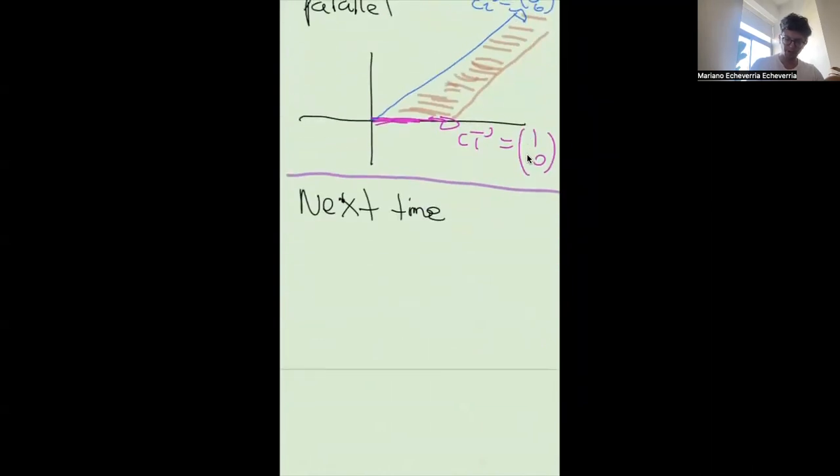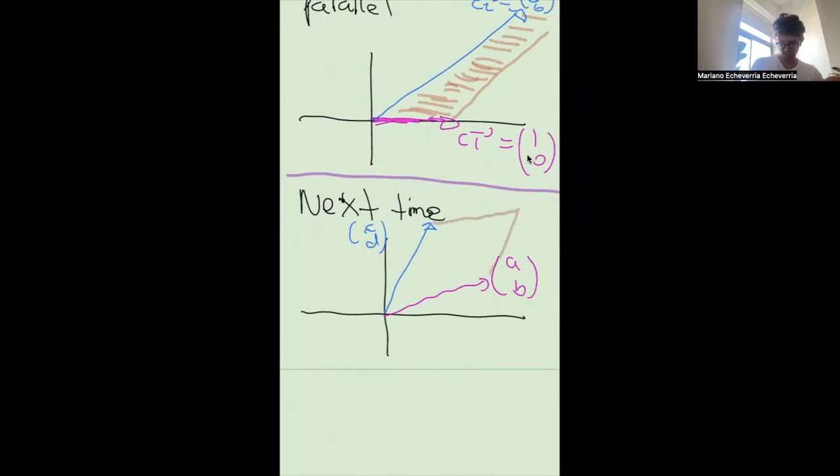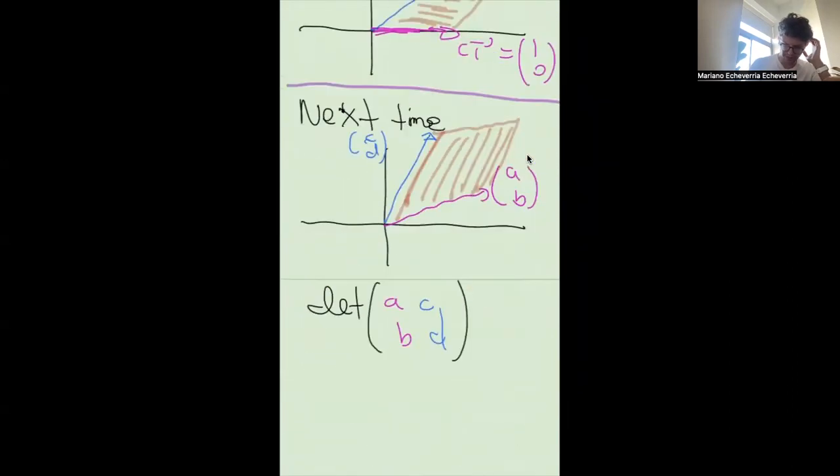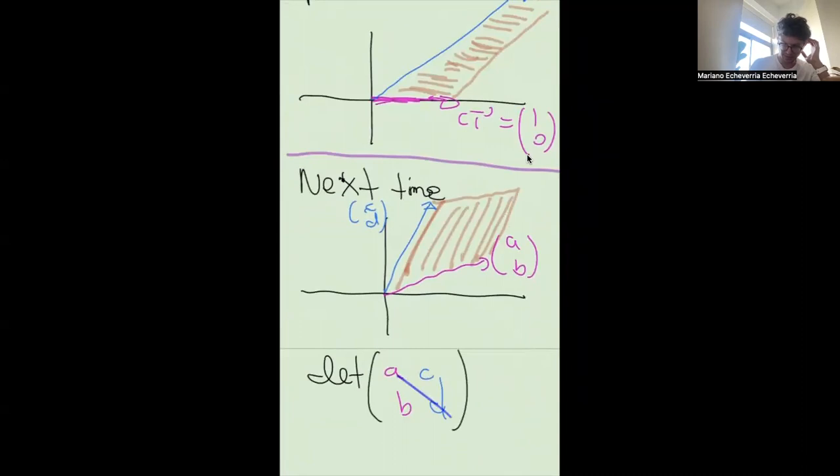What I will show you is that if you have a parallelogram, and one side is (A, B), and the other side is (C, D), then the determinant, the area up to a sign, of the matrix with rows A B and C D is going to be A times D minus B times C. So it's this times this minus this times this.